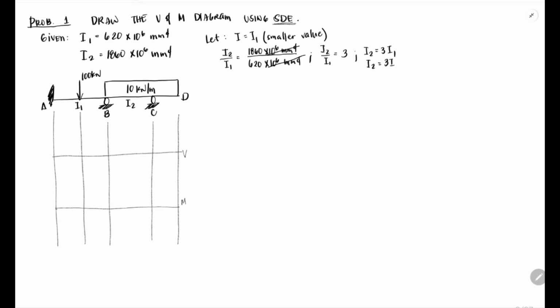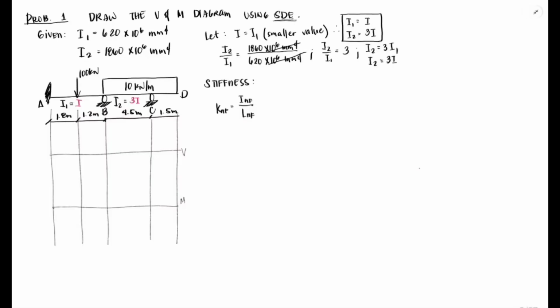Okay, therefore, note natin dito, our I1 here and I2 is equivalent to I and then 3I. Okay, right after natin makuha yung inertia, nilagay ko na rito sa ating I1 and then I2 para makita na natin again yung value.